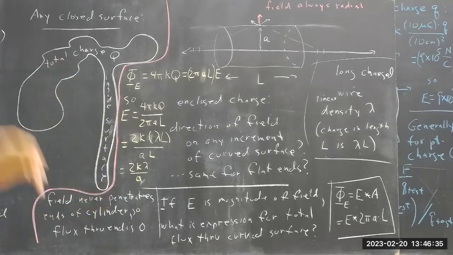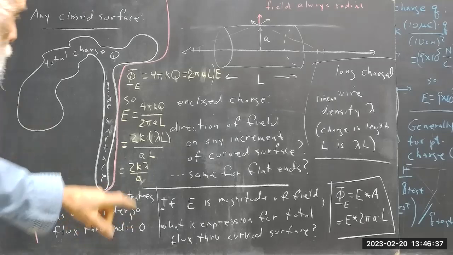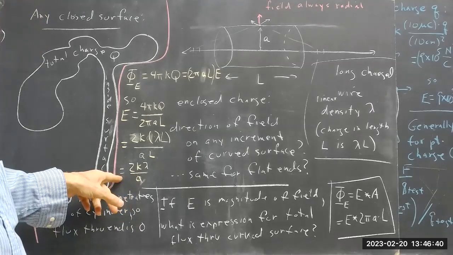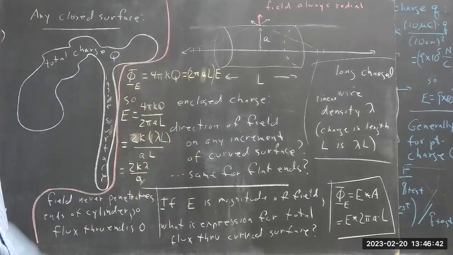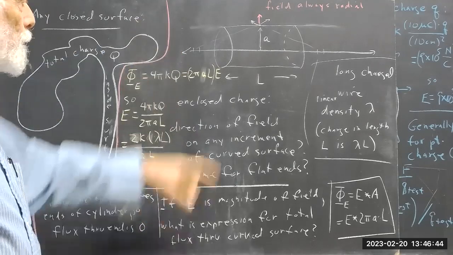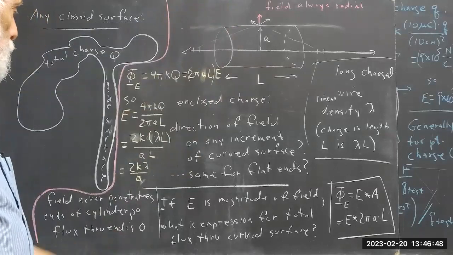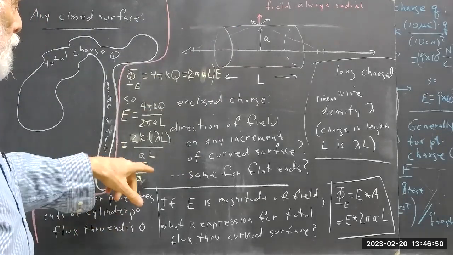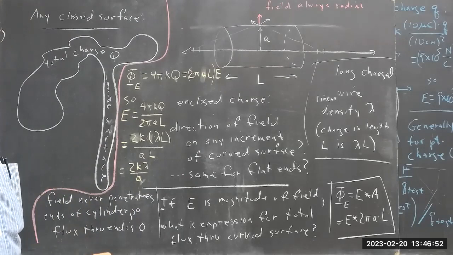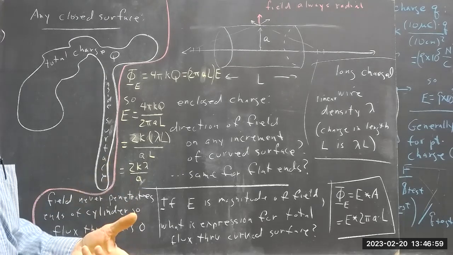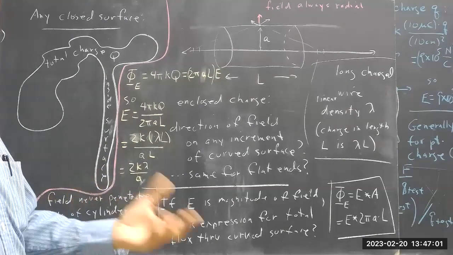And we did that with gravitation. If instead of A, we now call this R, because that'd be your distance from the axis, what do you get if you integrate 2K lambda over R? Well, you get a natural log of R. What happens as R approaches infinity?